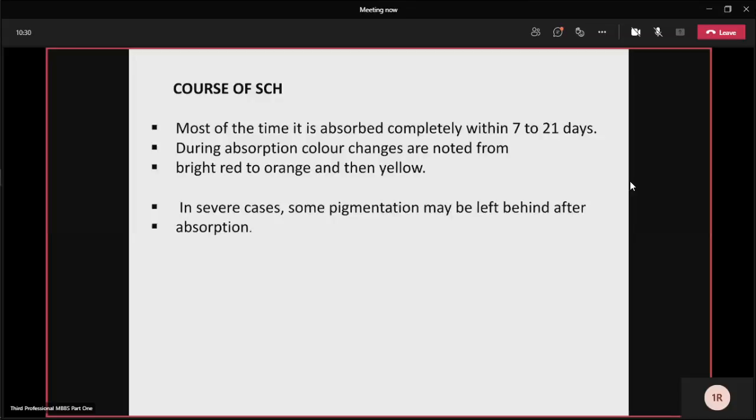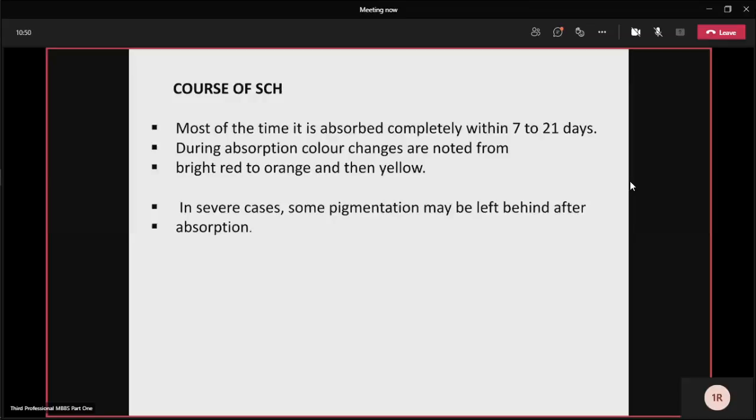In some severe cases there is subconjunctival hemorrhage associated with chemosis, especially with head injury or severe trauma. In that case, due to the severe congestion and chemosis, it will finally leave some pigmentation after absorption.